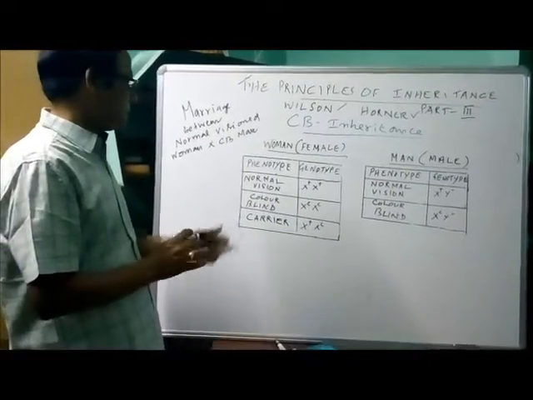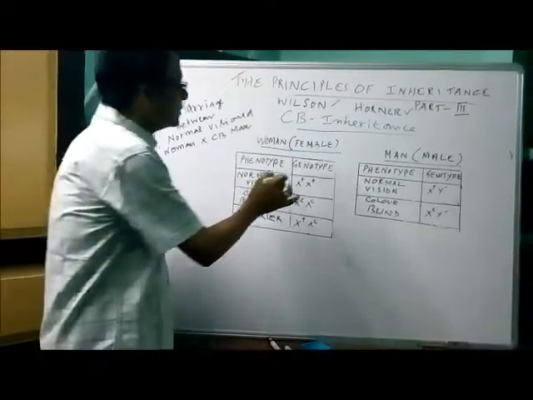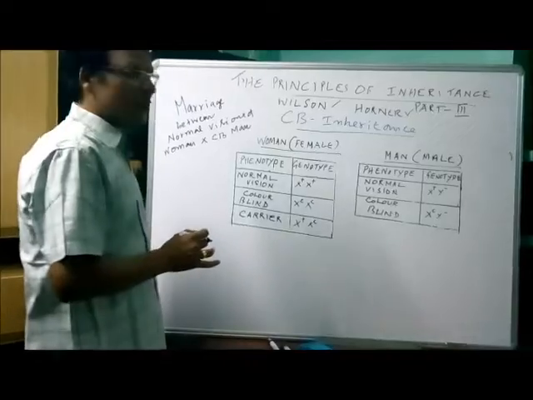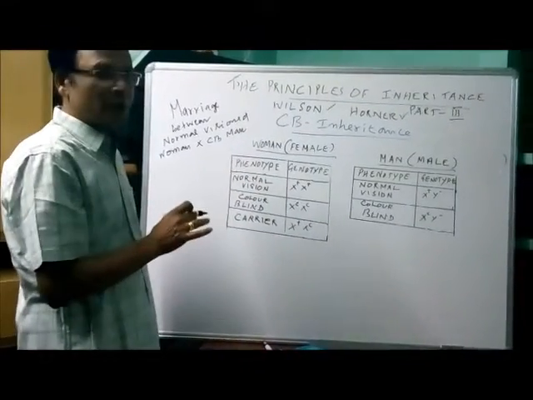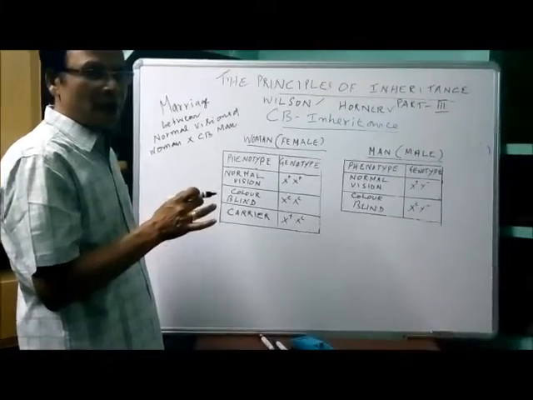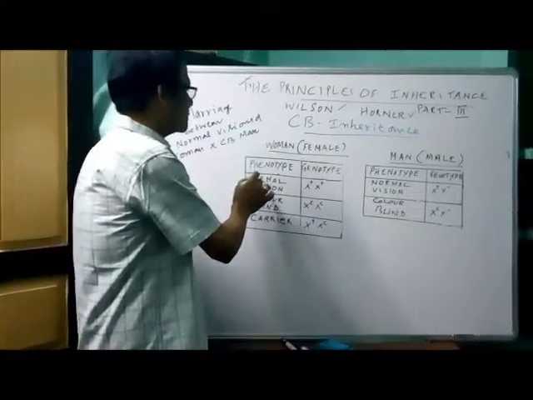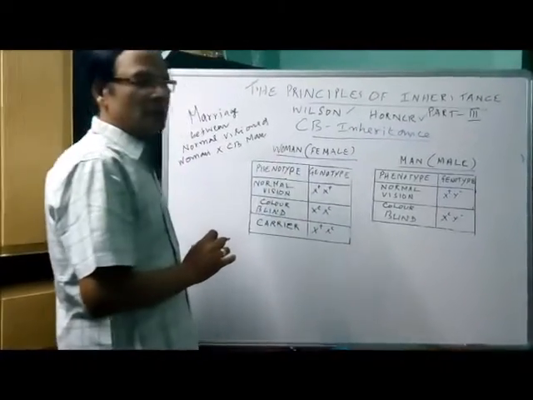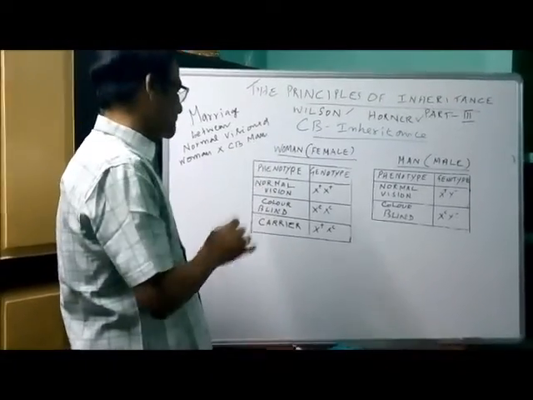People with normal vision have the gene on the X chromosome, indicated as superscript plus. The superscript plus indicates the gene for the production of the pigment or the perception of the different colors. So normal vision persons have the dominant allele plus.